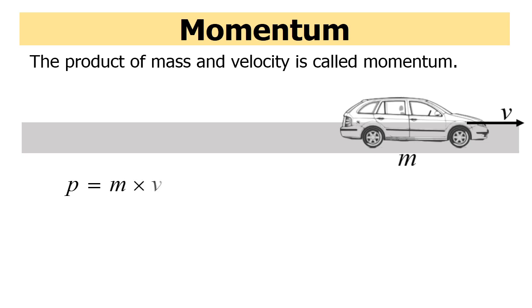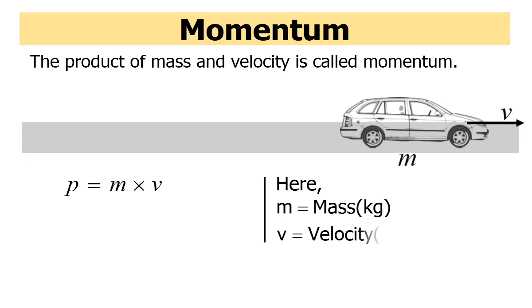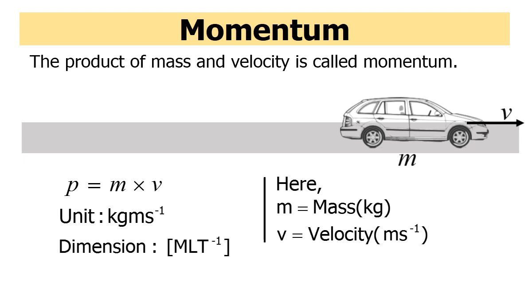Momentum is denoted by p. P equals m cross v, or mv. Here m equals mass, v equals velocity. The unit of momentum is kg meter per second and the dimension of momentum is M L T inverse 1.